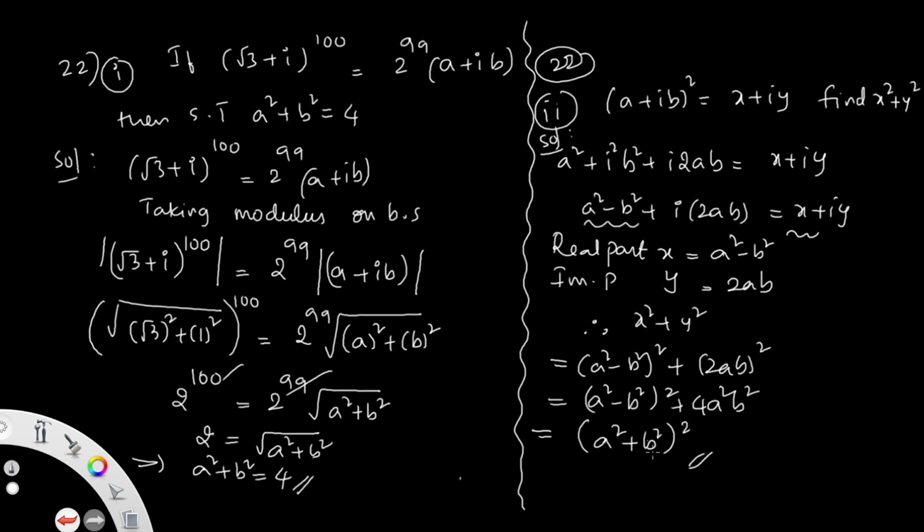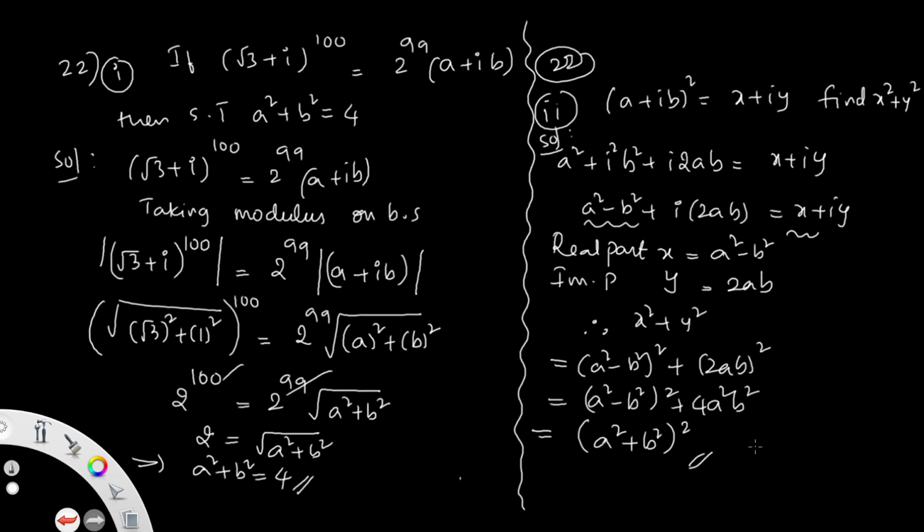Why? Because (a minus b) whole square plus 4ab is (a plus b) whole square, where here a is a square and b is b square. You can expand and simplify and you get a square plus b square whole square. That is question 22.